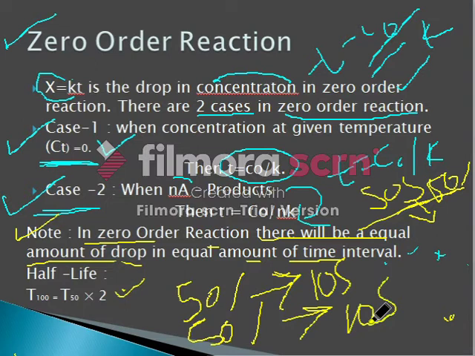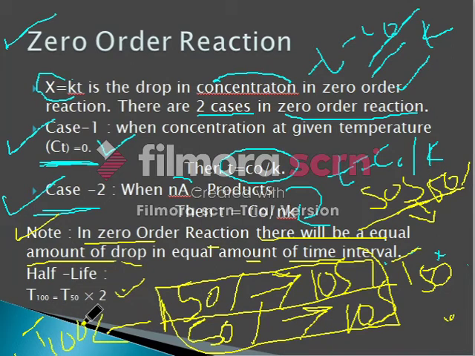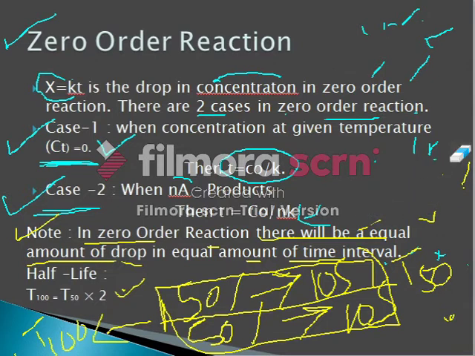A 50% drop means t50, and the total time is t100.